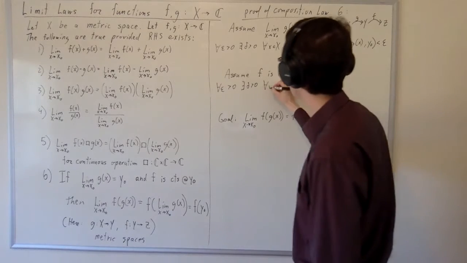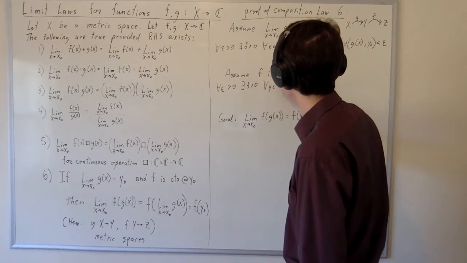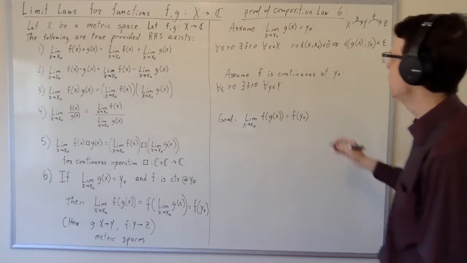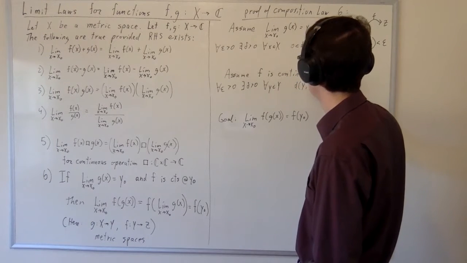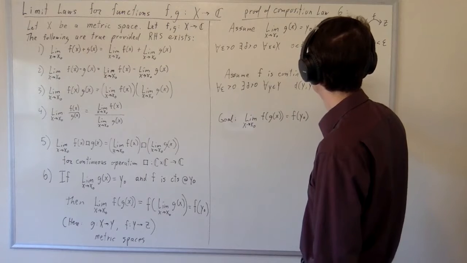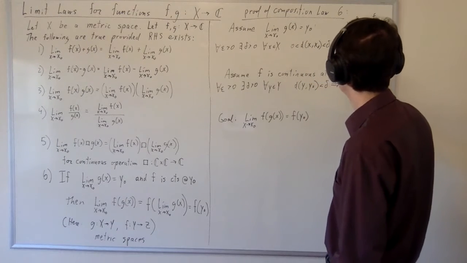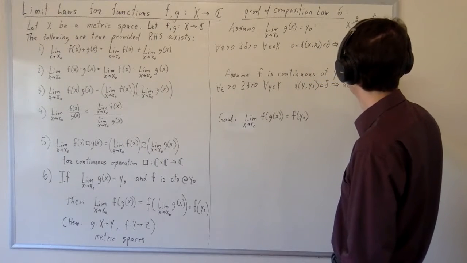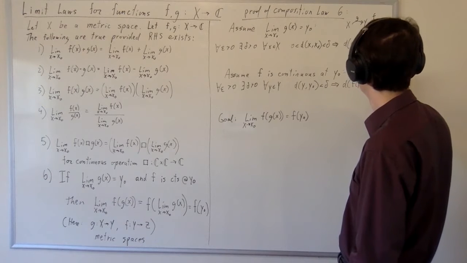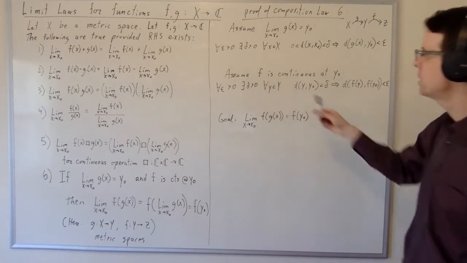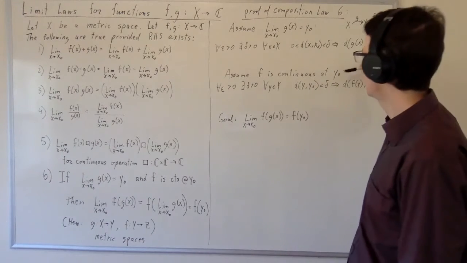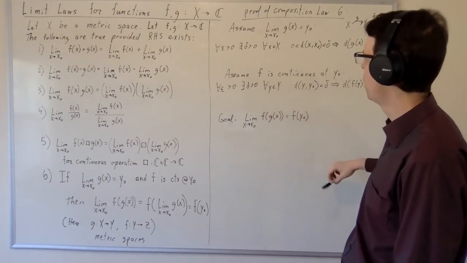And so I think it's more natural to say for every y in the metric space y, if the distance between y and y naught is less than delta, then the distance between f of y and f of y naught is less than epsilon. So that's the epsilon delta definition of the continuity of f at the point y naught.